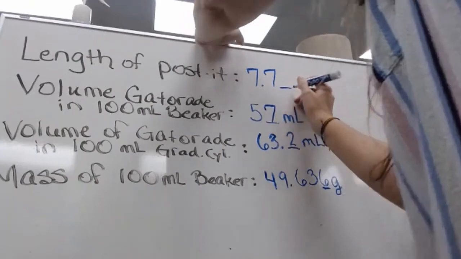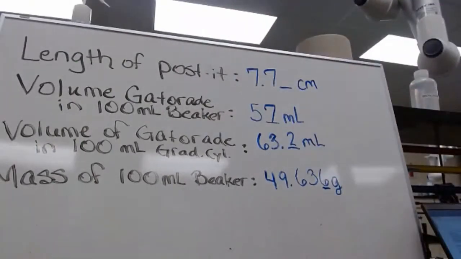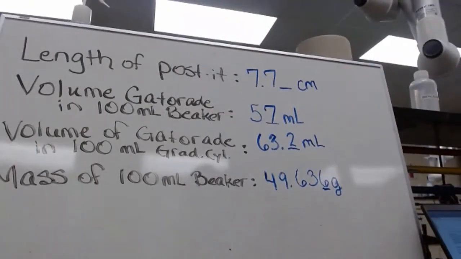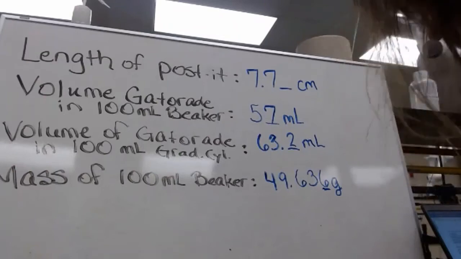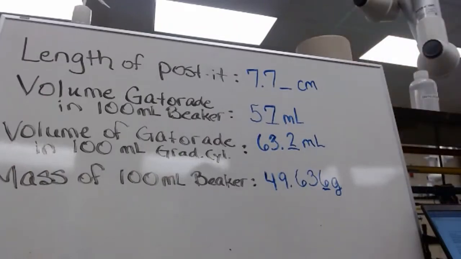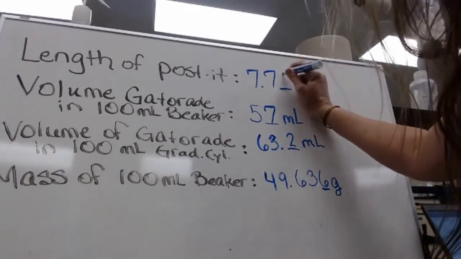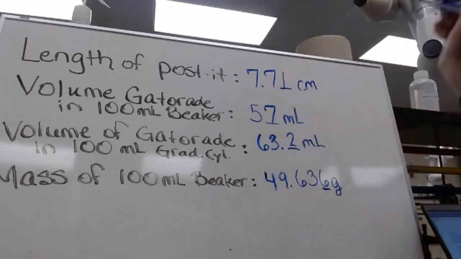And I'm going to guess how close it is to the line. And so it looks to me like it is just over the line. So I'm going to guess that it is 7.71. If I thought that it was on the line, then I would put 7.70.